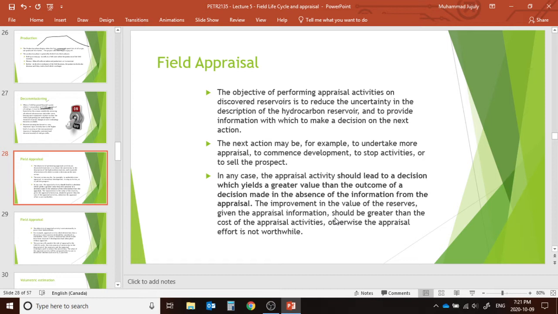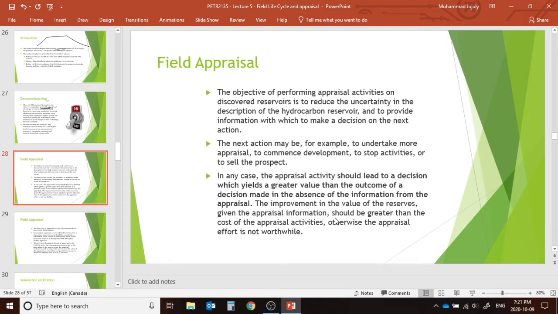Information is power, and the information will help to reduce the uncertainty, and reducing the uncertainty will make your logic more clear to make the next and right decision. So that's why we do the field appraisal.